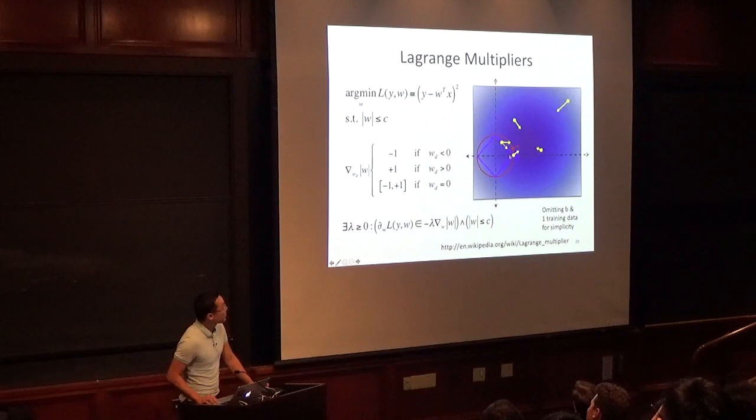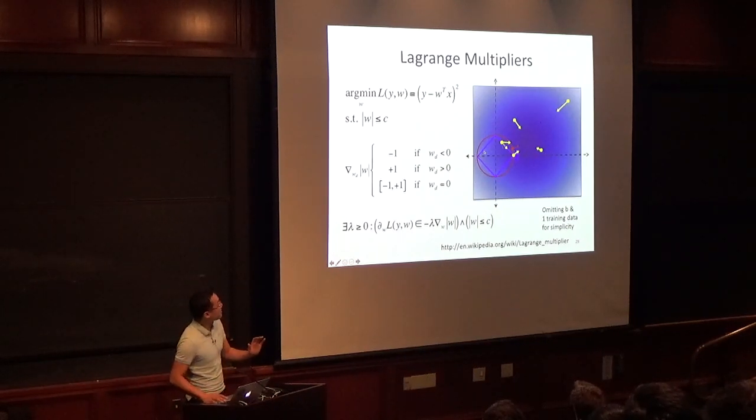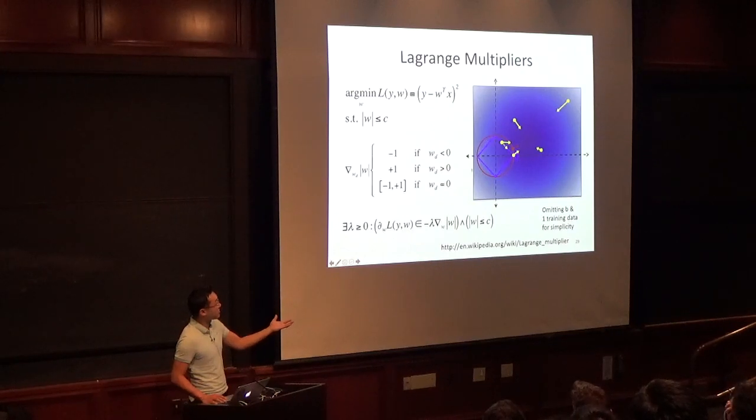Now, the gradient of the L2 norm is mathematically equivalent to the normal of the circle that's the boundary of the L2 constrained model class.